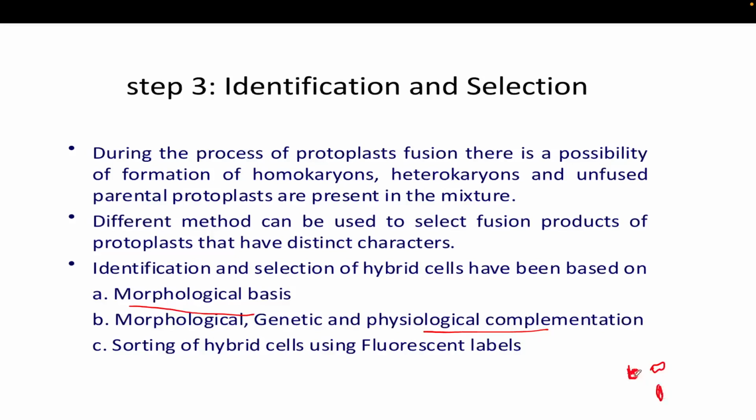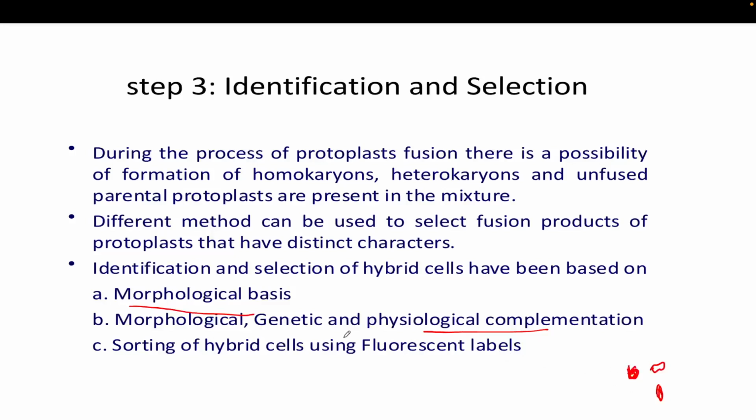By looking at the different types of cell through the microscope, you can identify which is your hybrid cell. But through the morphological basis you can't identify exactly, though we can use it also.